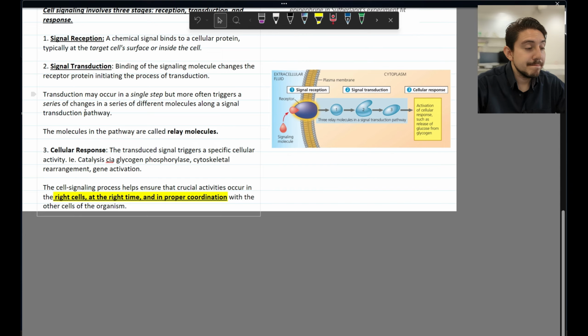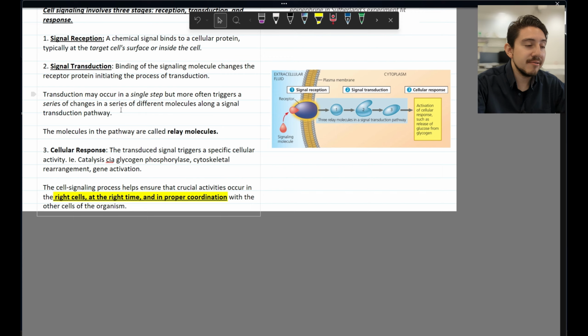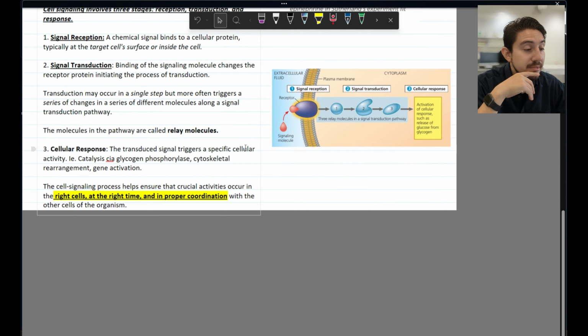Okay. Now, transduction may occur in a single step, or moreover, it occurs in a multiple relay of molecules, okay, a series of different molecules. Those that are involved are referred to as relay molecules, as you can see here. So you have relay molecule 1, 2, and 3, and then one goes after the other and after the other. Okay?